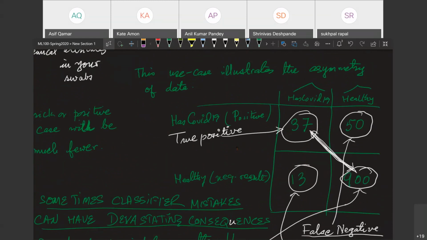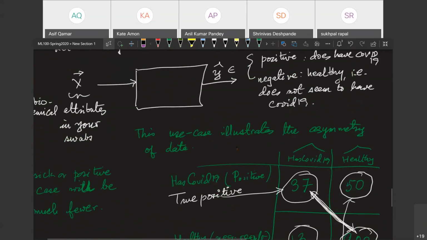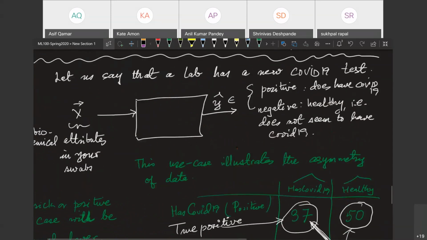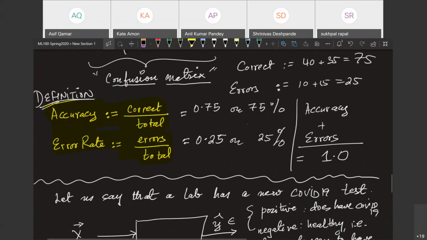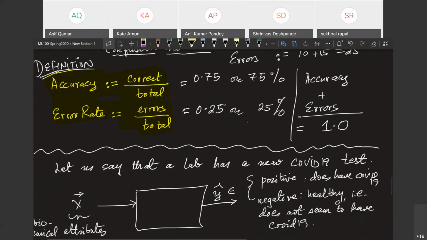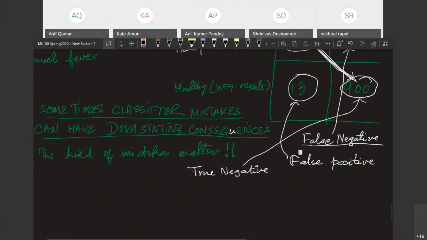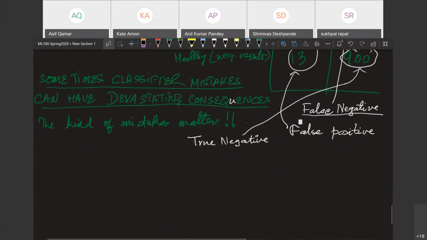You attach the words positive and negative, and by convention you apply a meaning to that. If you don't, then you just talk in terms of the confusion matrix and leave it at that. That is the concept of positive and negative.